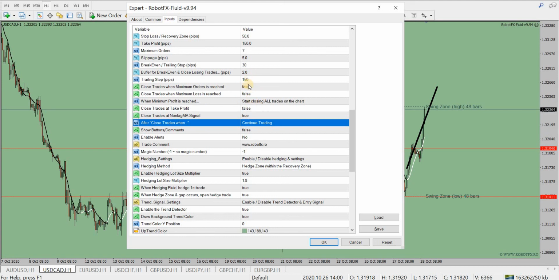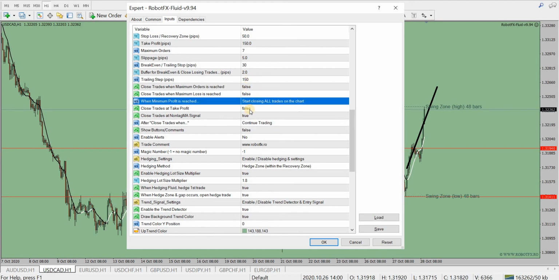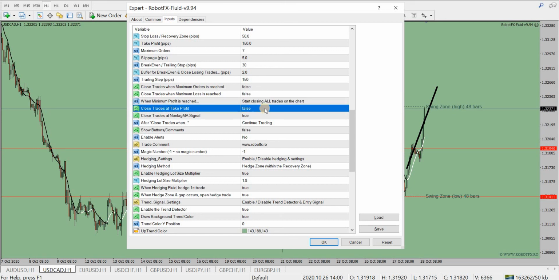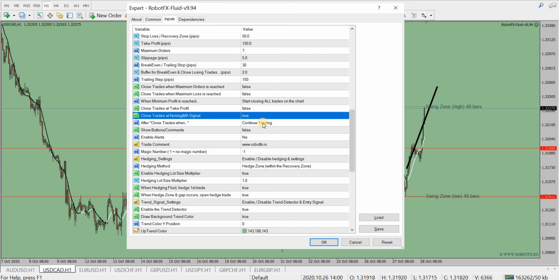I'm trying to see what else I might do differently than the default settings or than the generic Forex trader. I don't close at a take profit because my take profit, again, is the non-lag moving average signal.